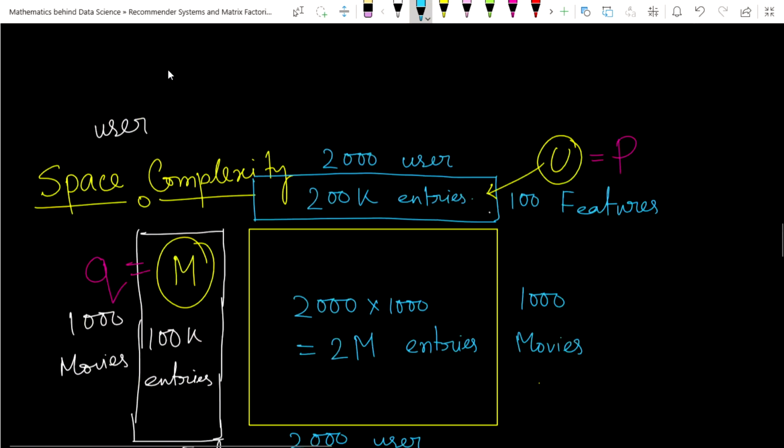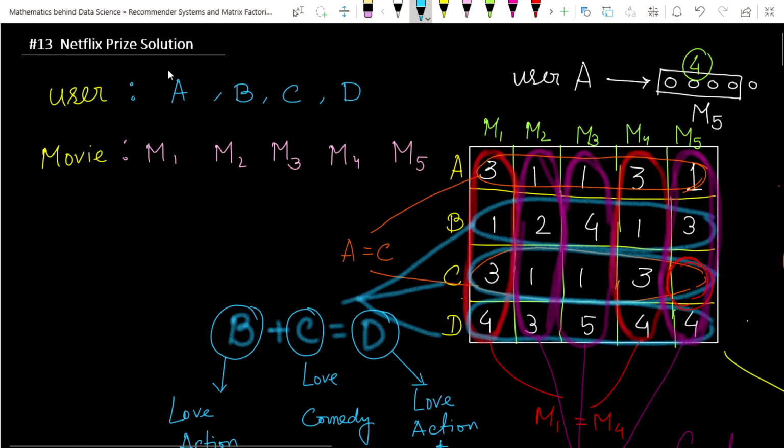Okay, I think from this long discussion you have got the idea of why matrix factorization is important for building recommendations.